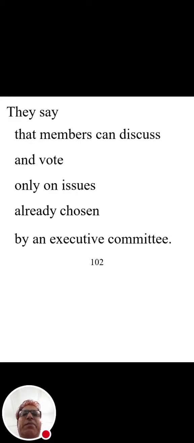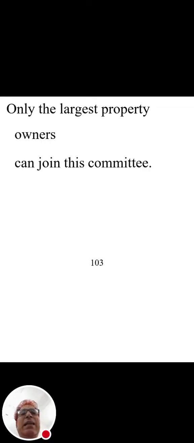They say that members can discuss and vote only on issues already chosen by an executive committee. They say there should be an executive committee, and who should be the members of that committee? Only the largest property owners can join this committee. And this committee will set the agenda.